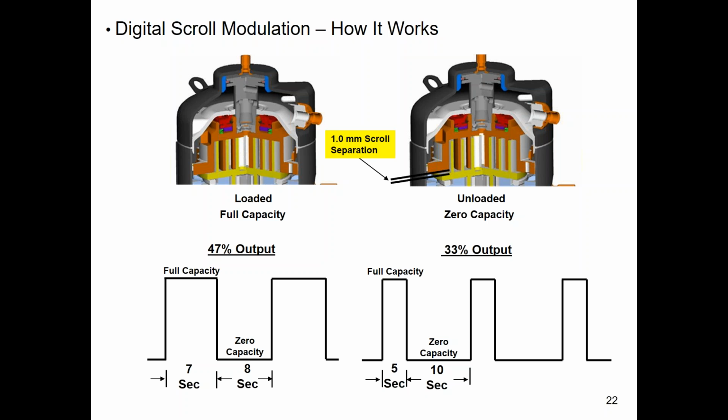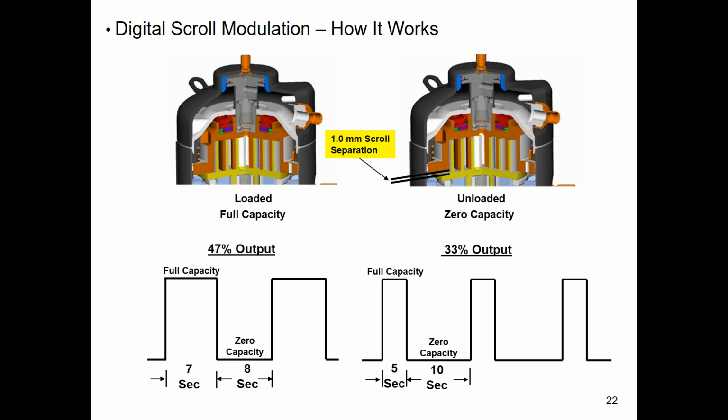We can go down to 11%, some units down to 7%. And do we look at that particular tonnage? No. What we do is we look at the A1 compressor, which is your first on, last off compressor, and we look at what tonnage that is. If it's a 10-ton digital scroll, a 15, 20-ton digital scroll, we look at the tonnage of the scroll itself because it's either 100% or it's not.